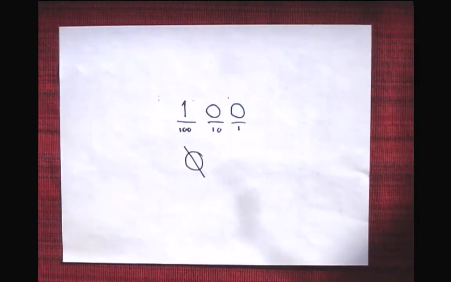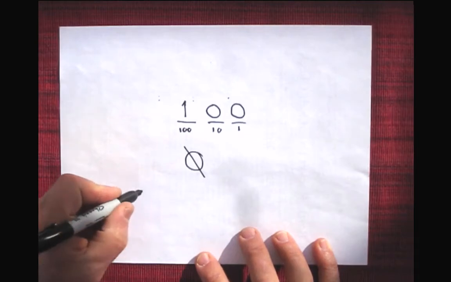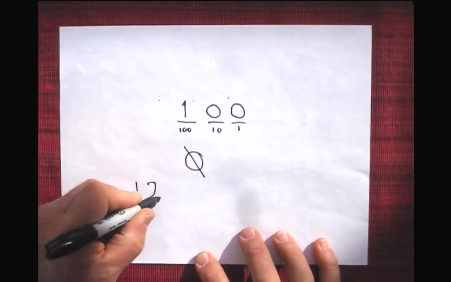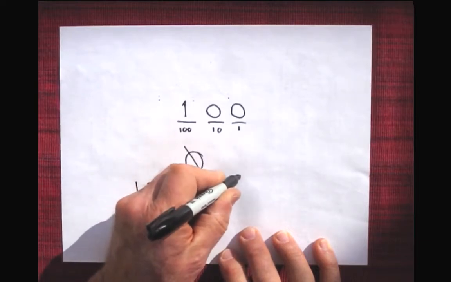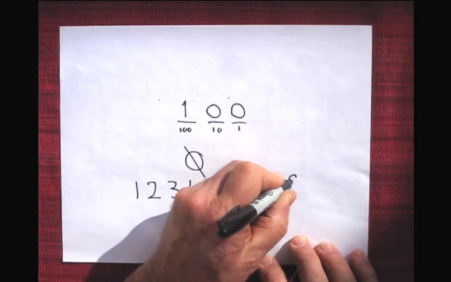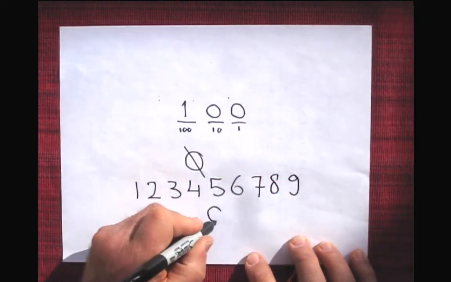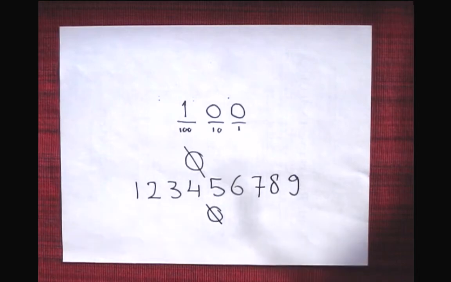So here are all the numbers and symbols that Fibonacci learned from his Arab mathematicians. 1, 2, 3, 4, 5, 6, 7, 8, 9, and the most important one, 0. These are the Arabic numerals.